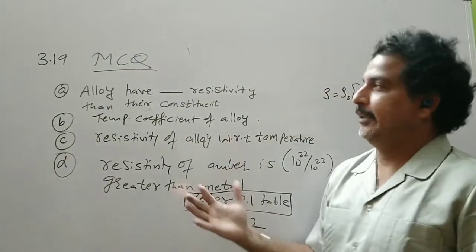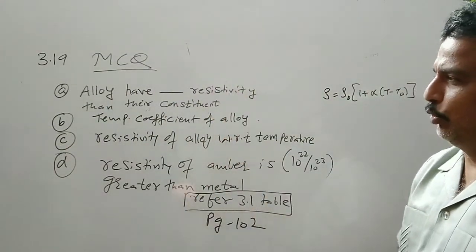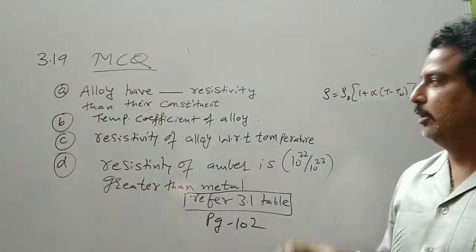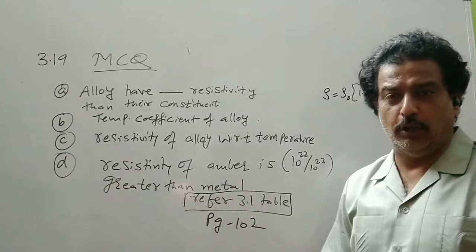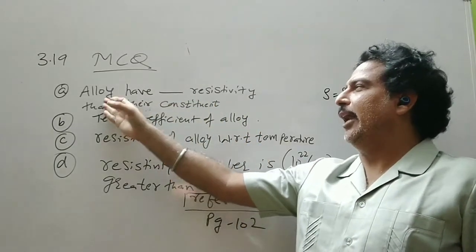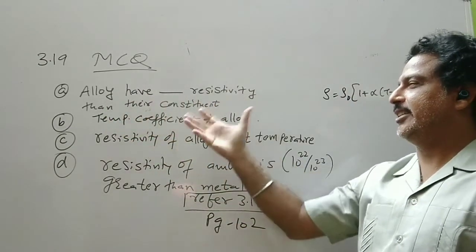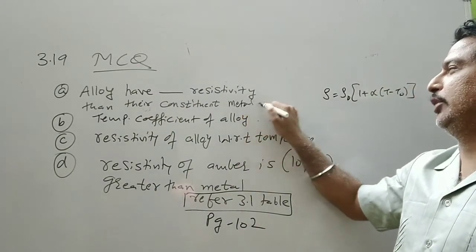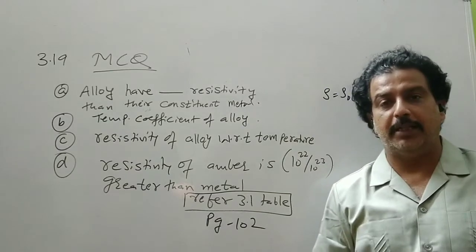Now let us see the MCQ, which is question number 19 in our textbook. They have given the options also. So the first MCQ is, alloys have less resistivity than their constituent metals. So we know that an alloy is made up of different metals.